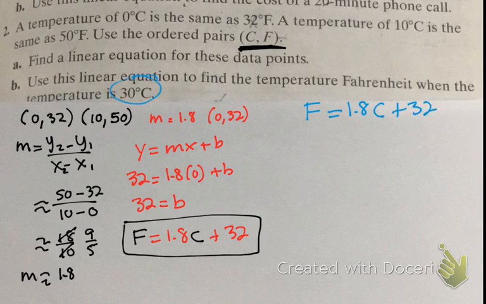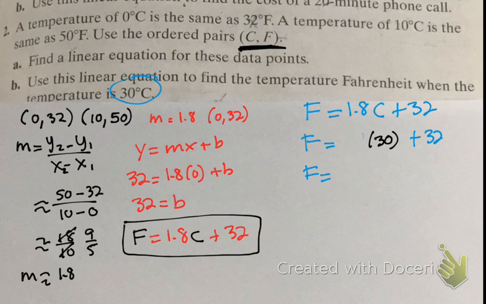We had to substitute 30 degrees Celsius. So I'm doing F equals 1 8/10 times 30 plus 32. If I didn't have a calculator, I'd keep it in fraction form. Do you understand why? If I don't have a calculator, it's easier to do in fraction form.